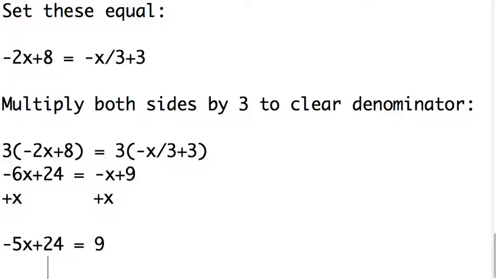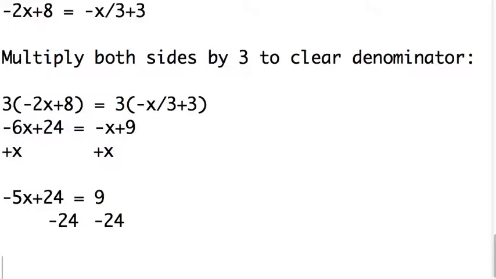And then I'm going to subtract 24 from both sides. And what that gives me is negative 5x is equal to negative 15.